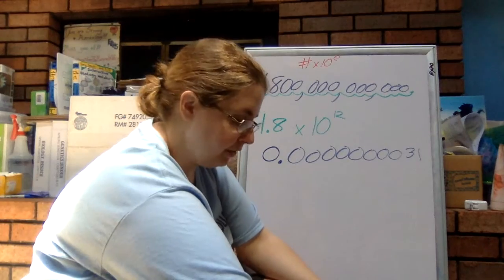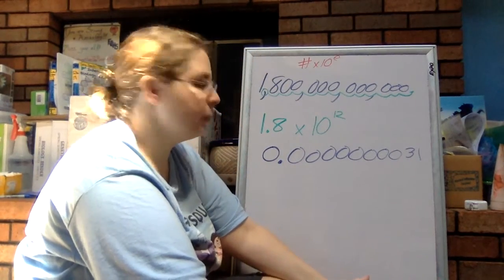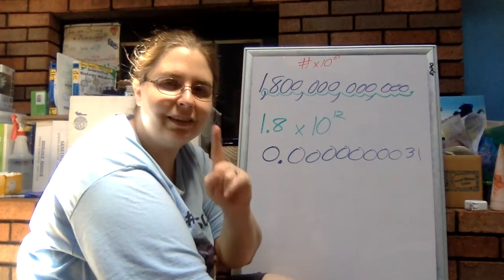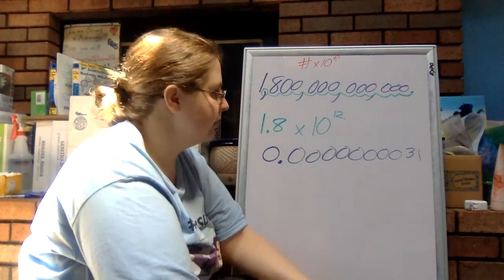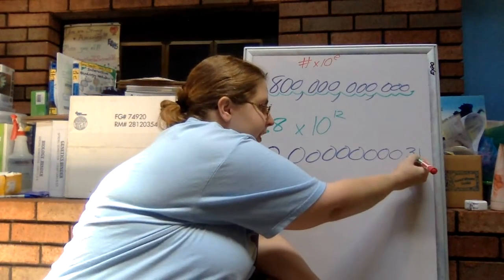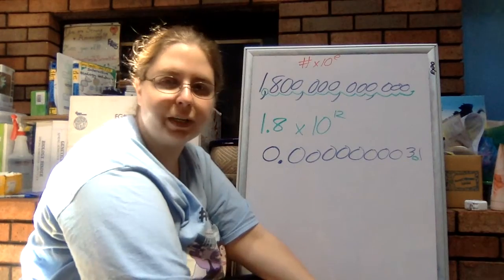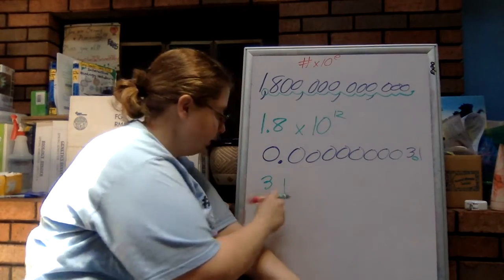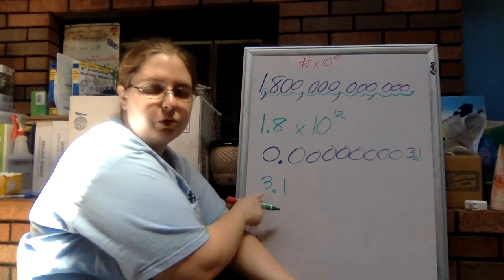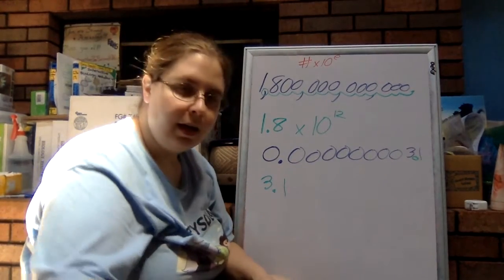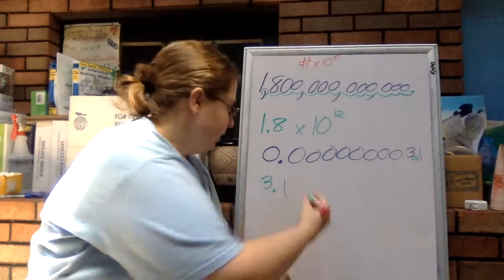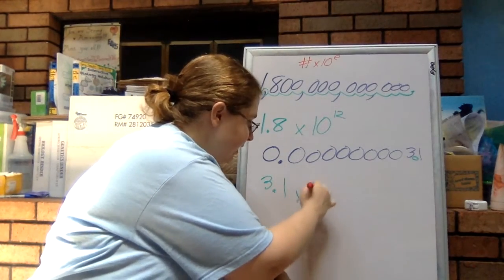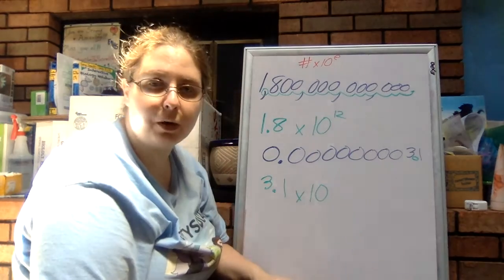All right, so let's figure this out. We want to move our decimal point so that there's only one non-zero numeral in front of it. That means we want to put it right between the 3 and the 1, so that our number would be 3.1. One non-zero numeral in front of it. Then let's continue on with the formula: times 10. We have to figure out our exponent now.